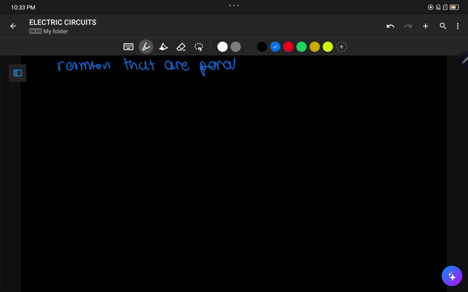And then the second part that you need to know is resistors that are parallel. So when we're talking about resistors that are parallel, what are we referring to? So let's say you have an electric circuit of this nature.